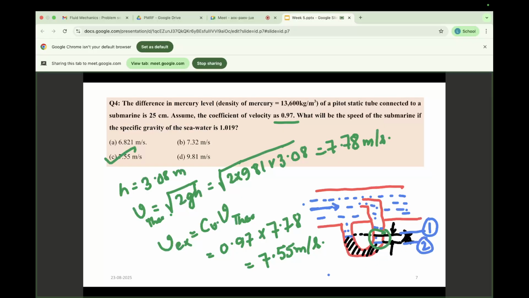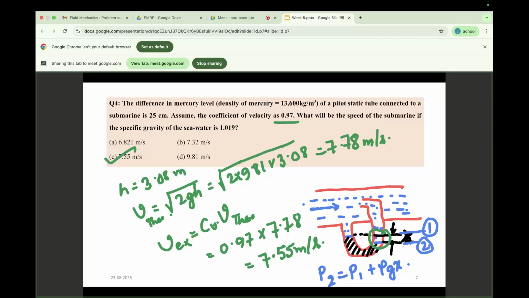So from this point I can write P2 equals P1 plus rho g x, right? So that is how this concept of h comes here. Also, the height we do not know, so correspondingly I can find the h.